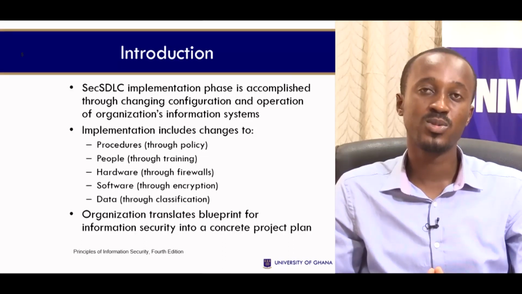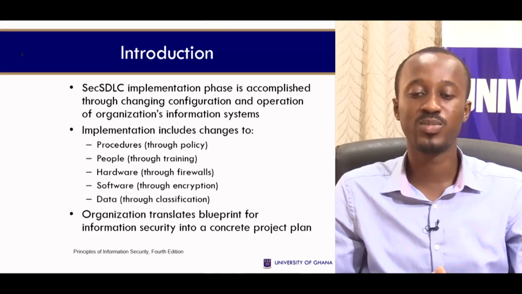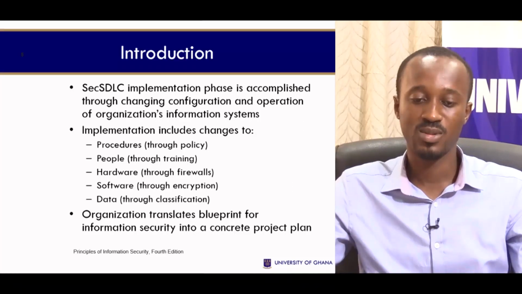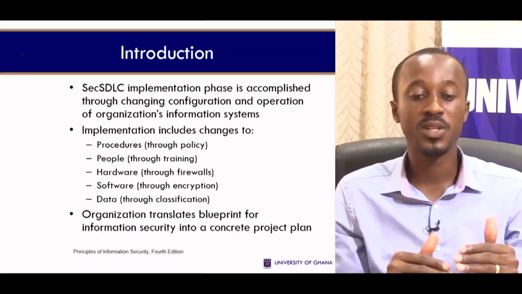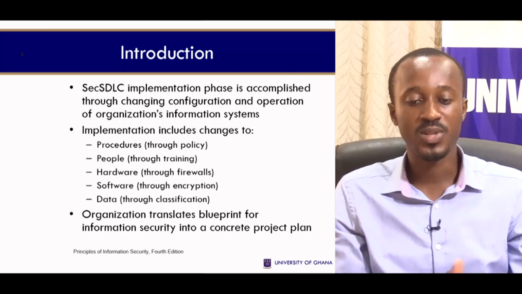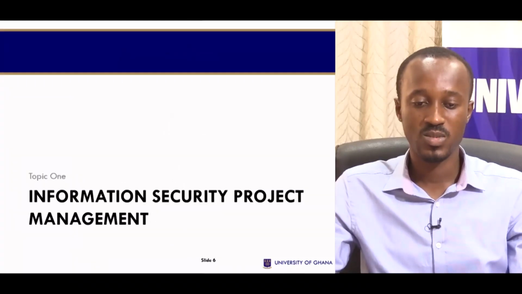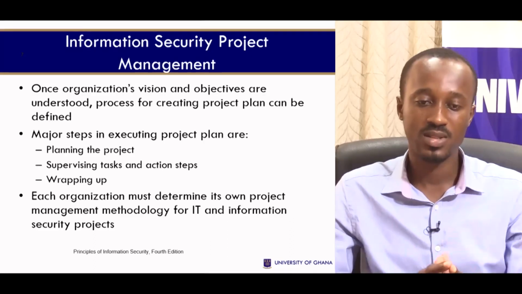Now, we want to note that the organization translates blueprints for information security into a concrete project plan. So we have the blueprint, then there's a translation from the blueprint into a plan itself. So we'll look at information security project management.